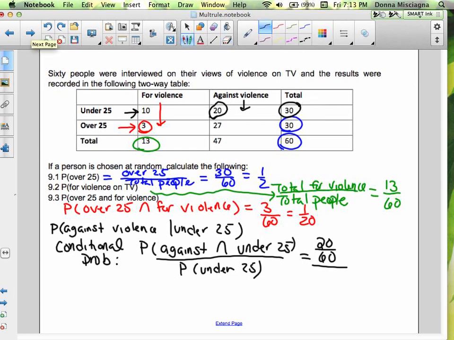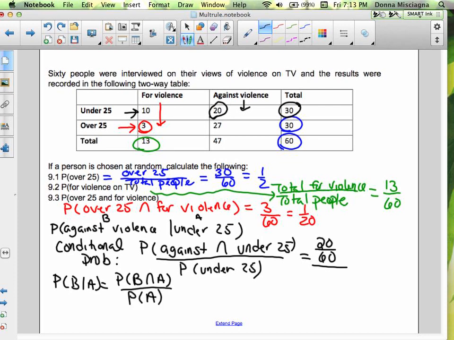So when we look at our conditional probability formula, let's call this B and A. So the probability of B given A is the probability of that intersection over the probability of that second one.